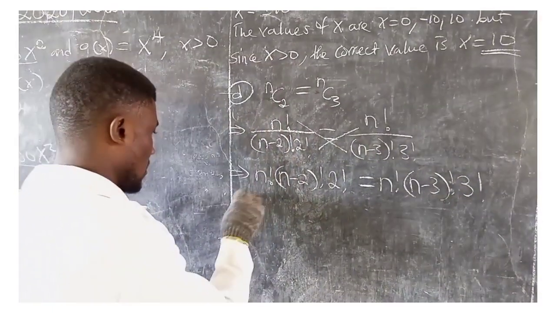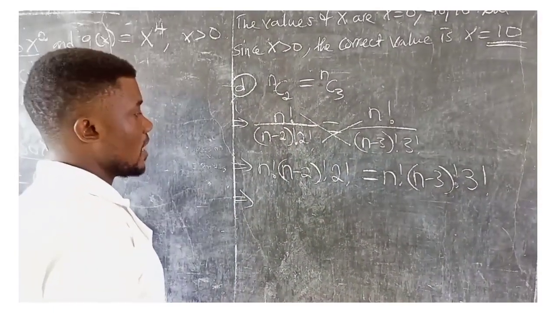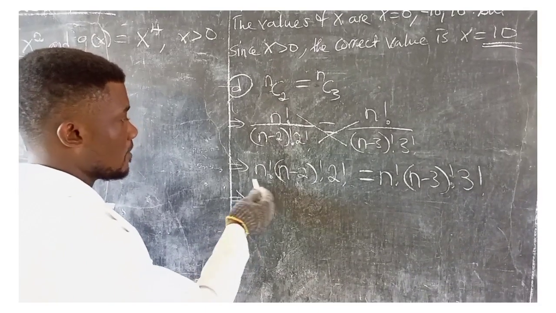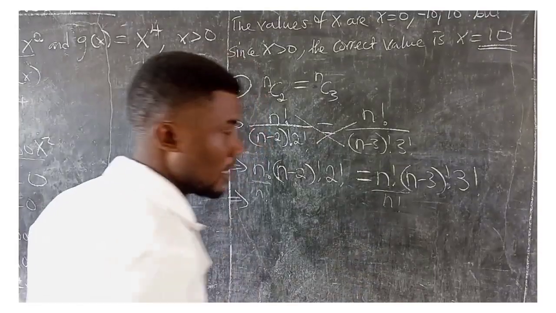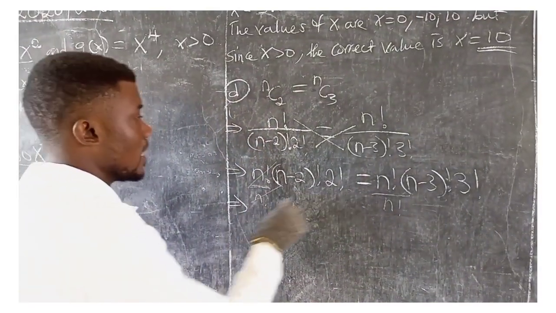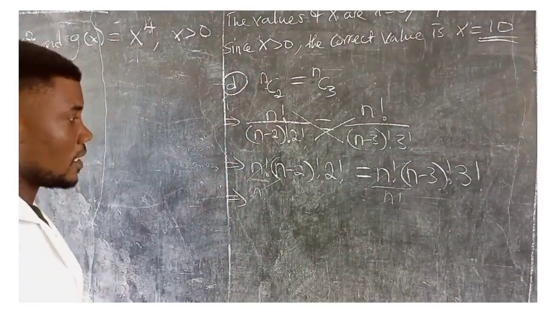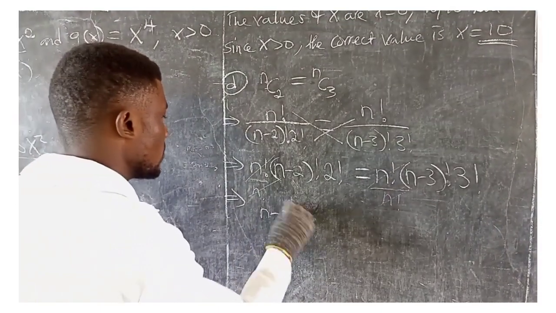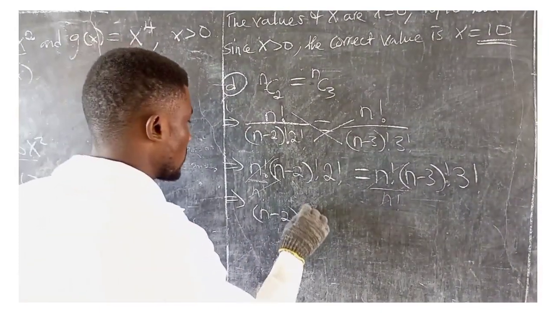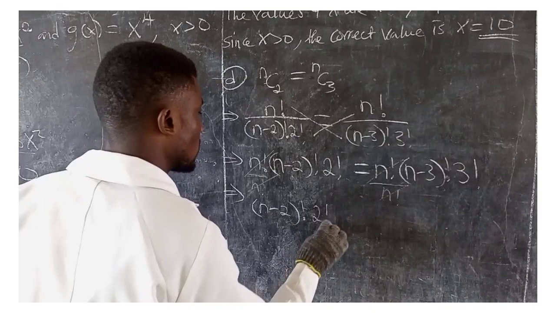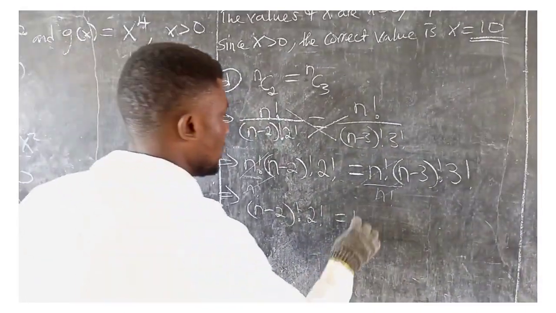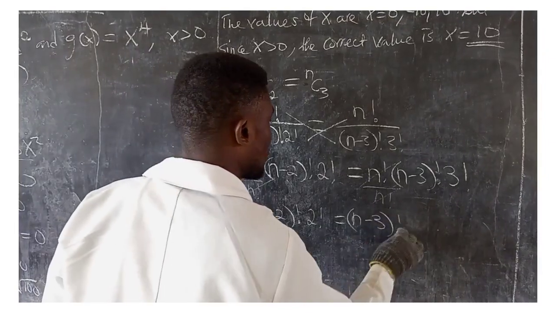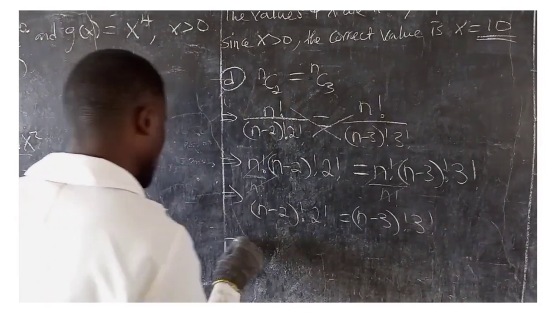Which gives us, we can divide all through by n factorial. If we divide both sides by n factorial, you see that it cancels out, and we are left with n minus 2 factorial, 2 factorial, which is equal to n minus 3 factorial, 3 factorial.